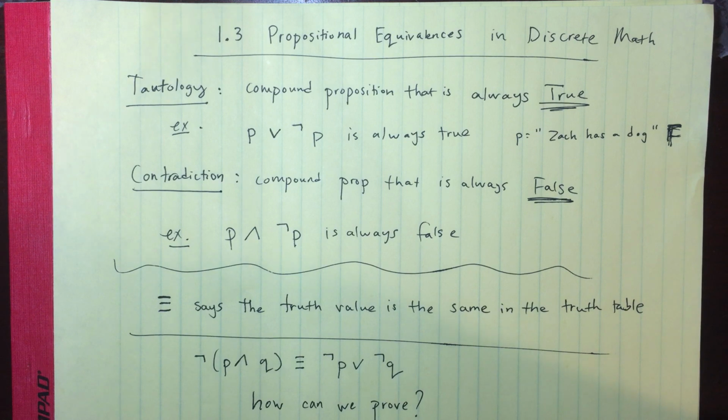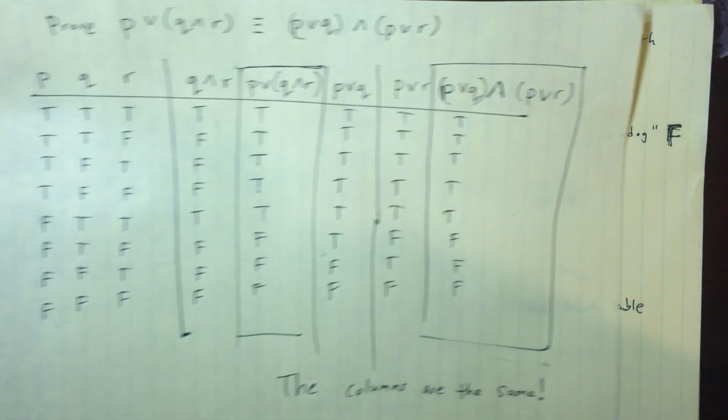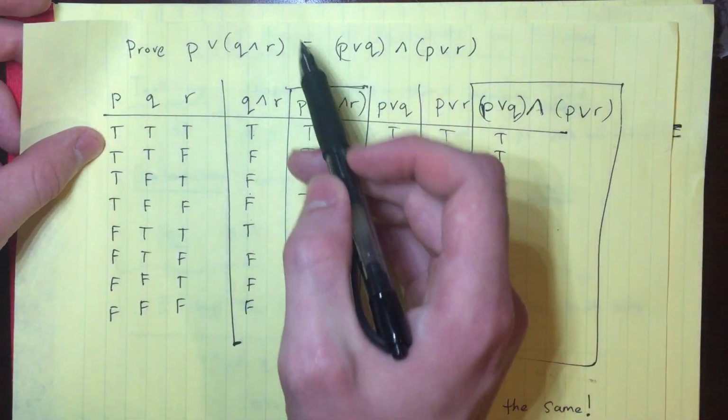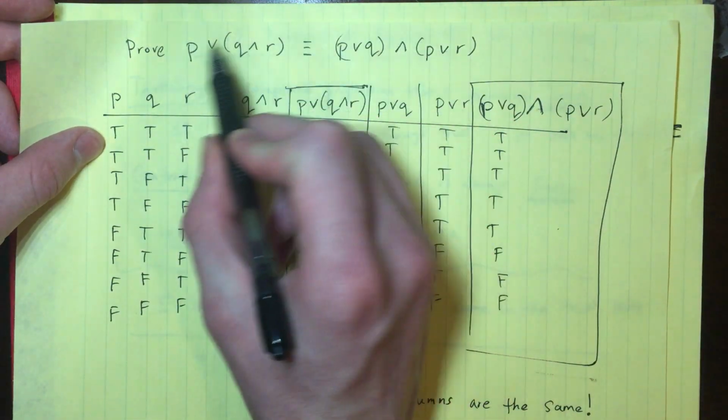Also, there's this next little thing called a logical equivalence. It says that the truth value is the same in the truth table. Don't really pay attention to this yet, I'll go over this in a second, but basically we're trying to prove that these two are equivalent.